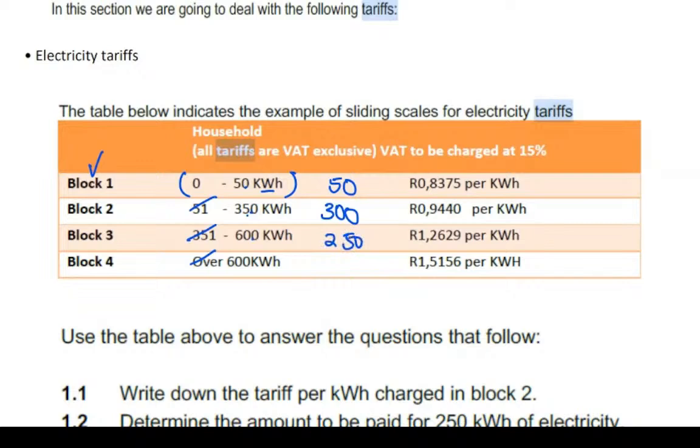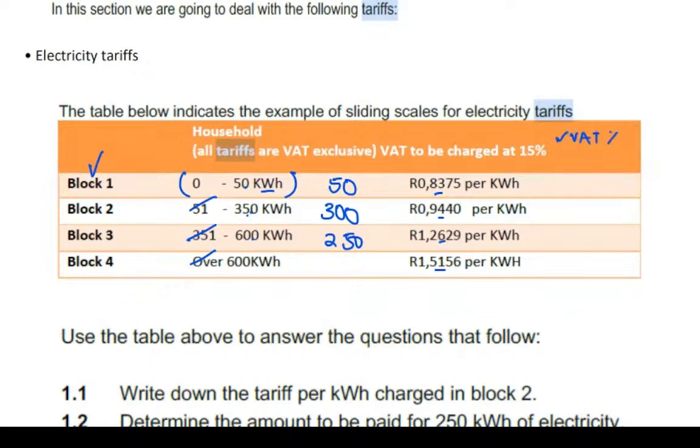Now, each unit that you've got costs this much. And when you look at the table clearly, the more units you use, the more you pay. Take note, all tariffs are VAT exclusive, simply meaning all these costs do not include VAT. If you're to calculate the cost, you have to include VAT.